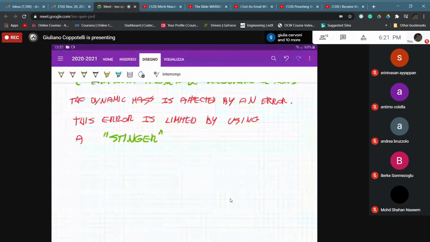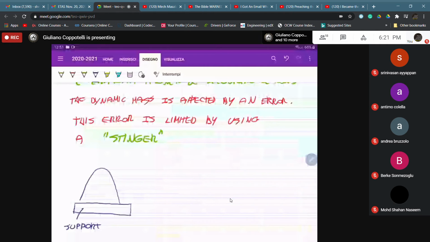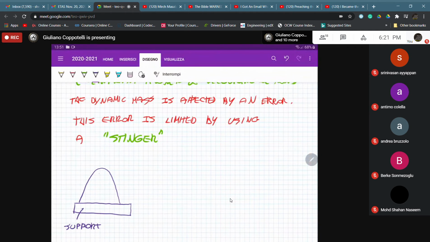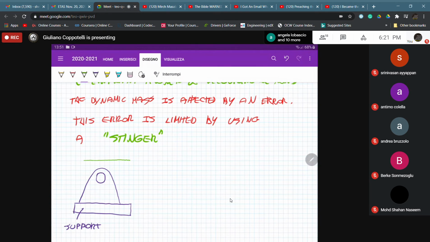So we are having, for example, your supporting structure like this. So that is your support. Then we are having the basement, which is connected to your shaker. And finally we have your shaker, for example, in a horizontal position.